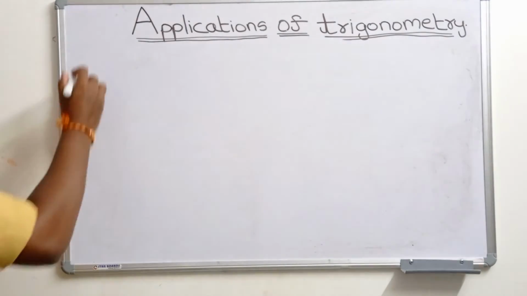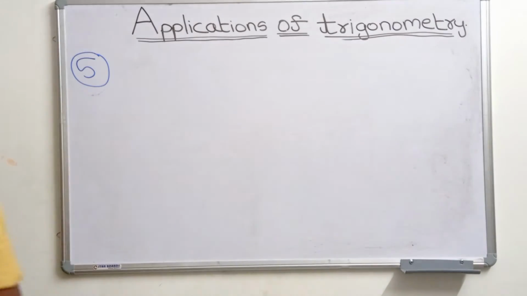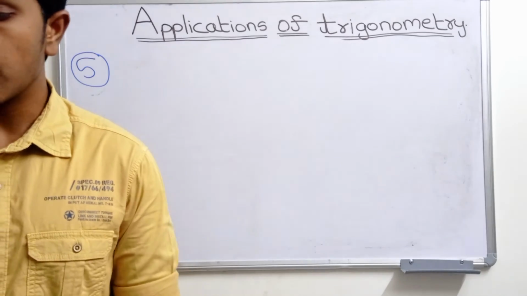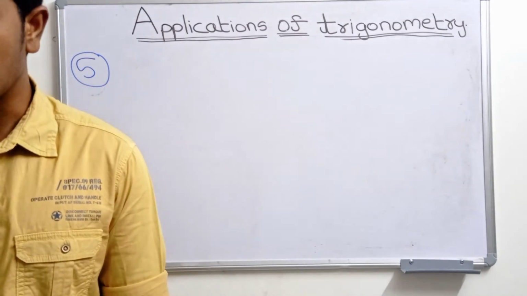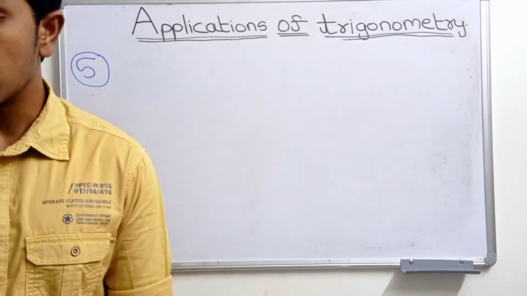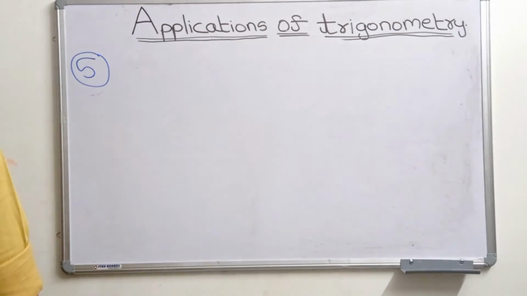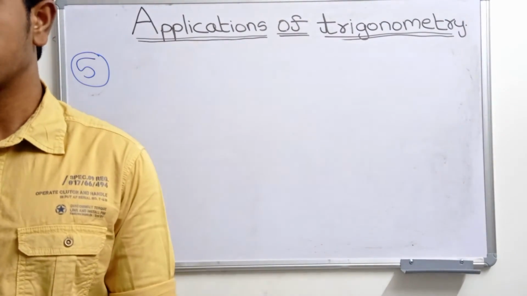The fifth question, I am repeating again: the shadow of the tower standing on the level ground is found to be 40 meters longer when the sun's altitude is 30 degrees than when it is 60 degrees. Find the height of the tower.